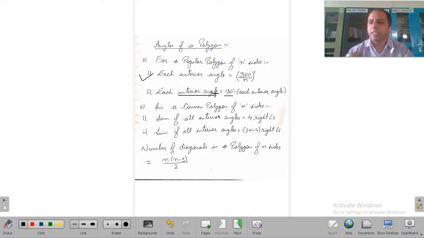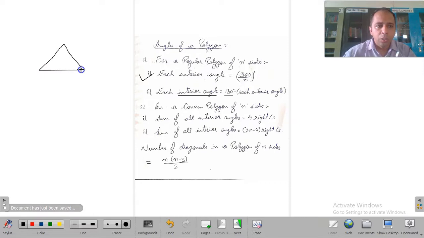Now let's once again discuss the meaning of interior and exterior angles. What do we mean by interior and exterior angles? With the help of a triangle, we will understand. We also understood interior angles in the last lecture. If this is triangle ABC, which angles will be interior angles?